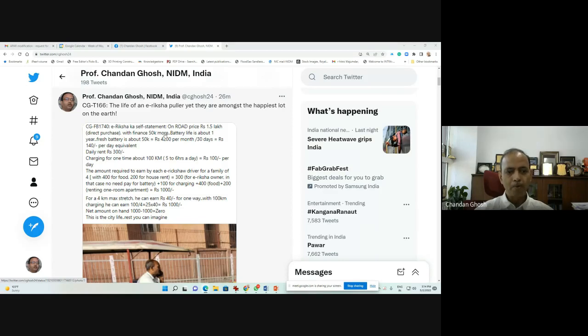Of course, no rickshaw puller will be able to have 1.5 lakh, because of his value in the economic criteria, his value in the society that we belong to, he will not be given any kind of loan by any bank or financier recognized by the government, all the private banks and all.